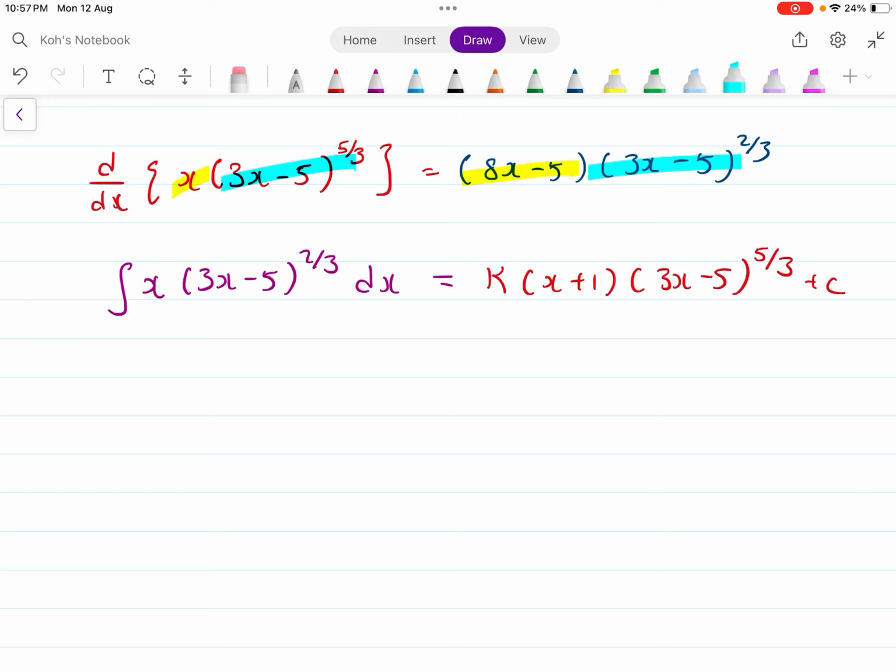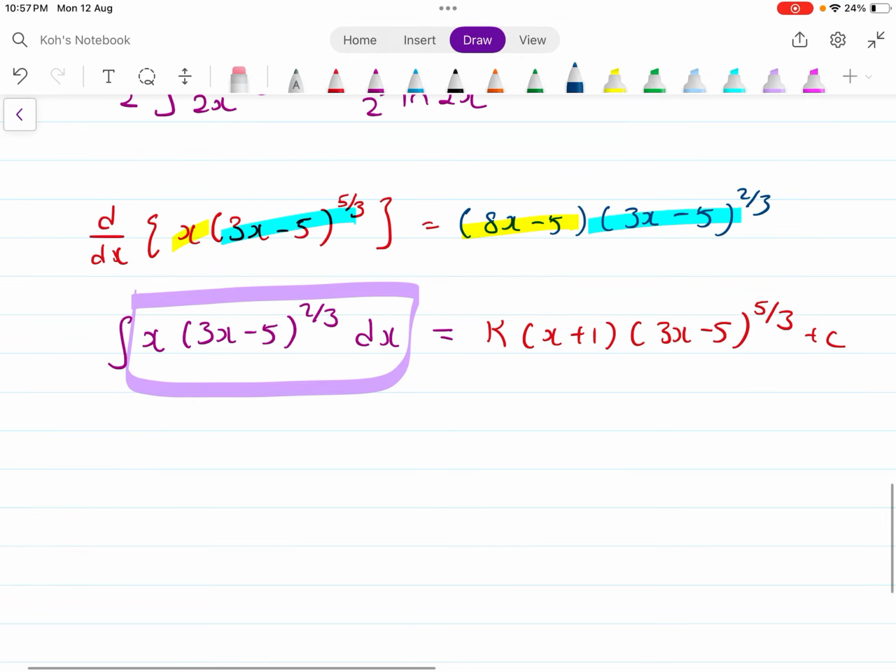So you realize that when you do the integration, look at the form that they want. It's very hard to go from here to here. So we need to do the integration of this to go to this.